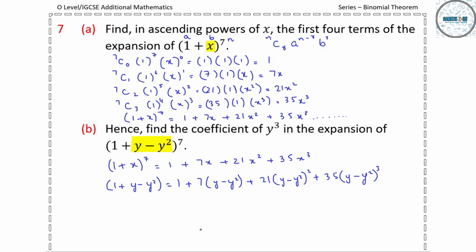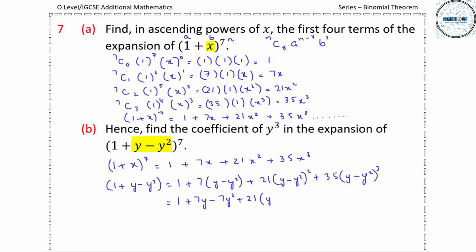Now we will expand this. 1 plus 7 multiplied by y is 7y. 7 multiplied by negative y square is negative 7y square plus 21 into, we will expand this using identity. So we have here y minus y square.